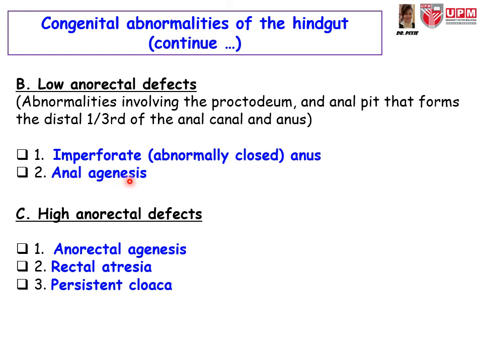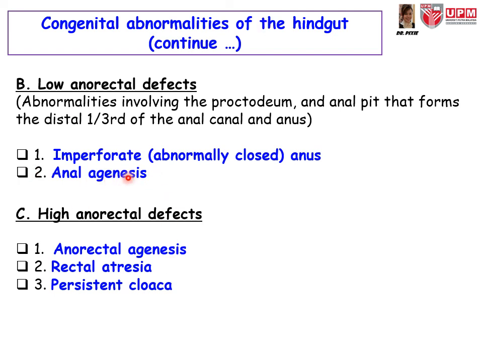Anal agenesis is also known as the imperforate anus. The anal agenesis could happen without fistula or with fistula. If the anal agenesis is without fistula, the rectum will end blindly, with the location of the anal pit sometimes marked by a small dimple or pigmented spot.